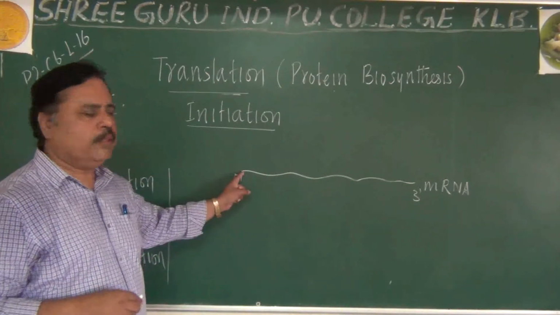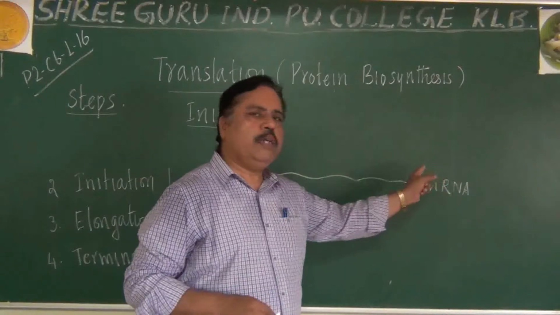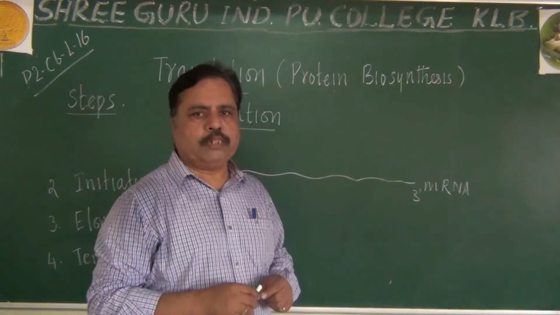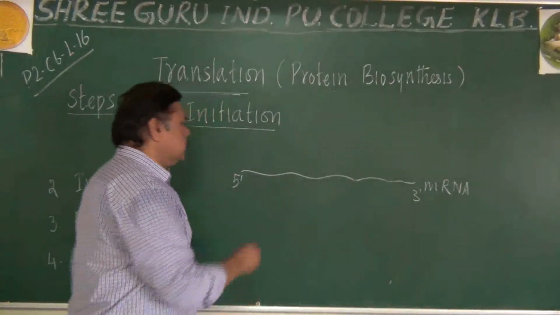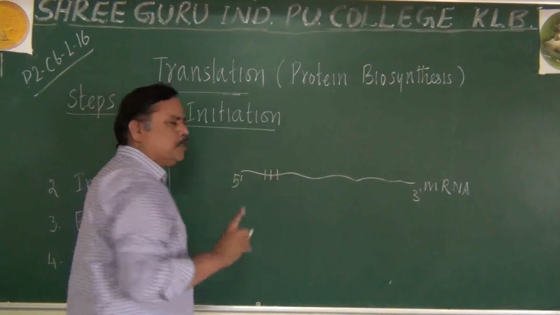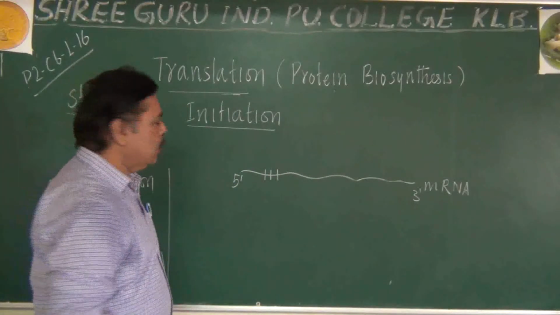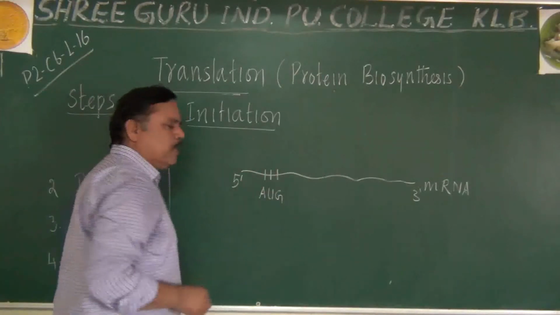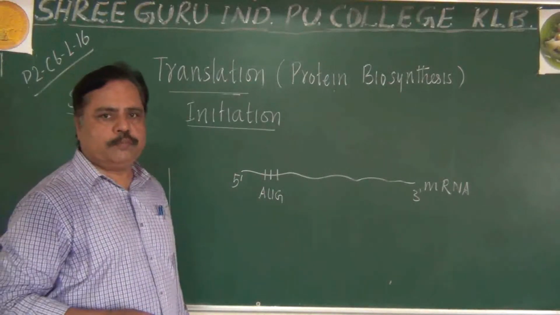At the 3' end, there will be tailing, or a poly A tail. Now in this mRNA, the first codon is called the initiating codon. It is called AUG.